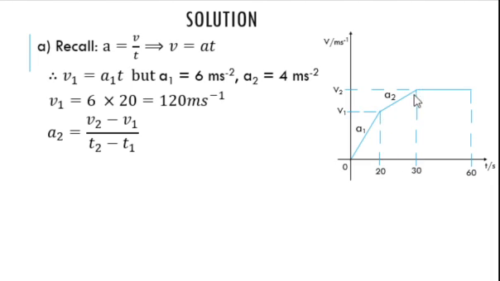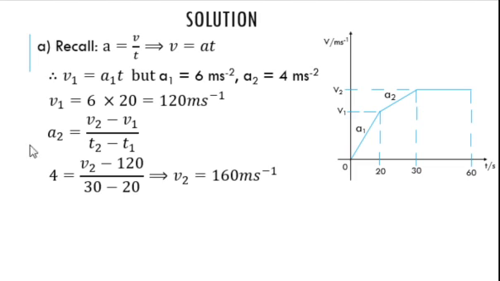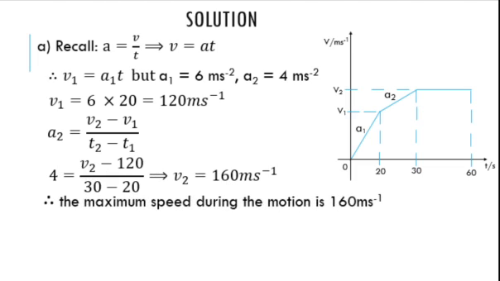If I substitute, A2 is 4, so 4 equals V2 minus 120 over 30 minus 20. Solving, making V2 the subject, V2 equals 160 meters per second. So I've calculated the maximum velocity reached.